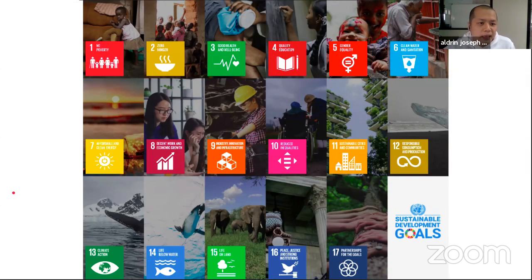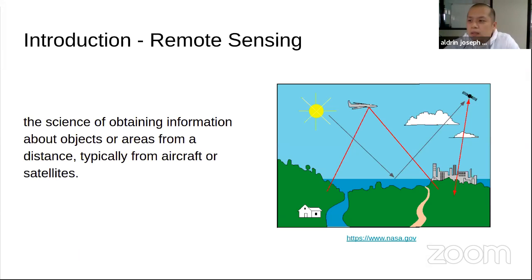So an essential part of achieving these goals is observing and measuring the Earth's surface and how it changes. These fields usually use land cover information. So given this, how do they usually measure or observe the Earth's surface? They use remote sensing. There are two types of remote sensing.